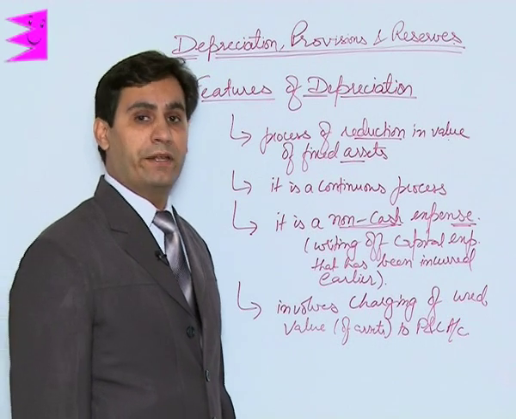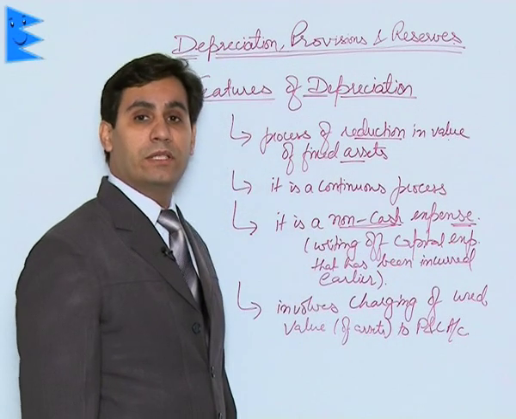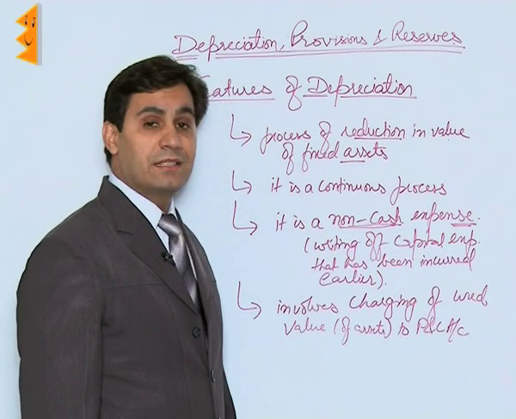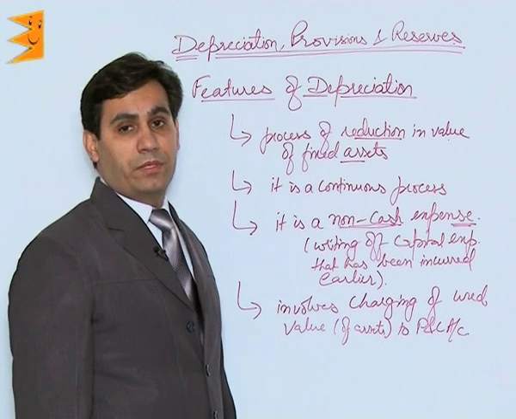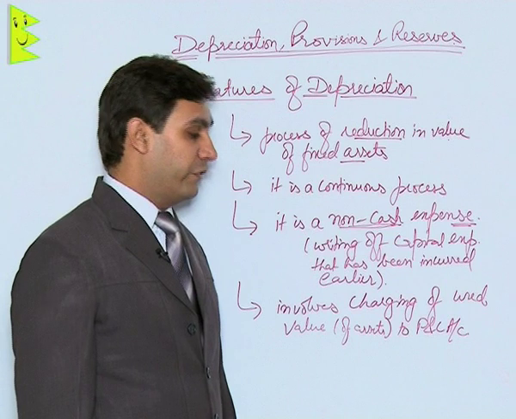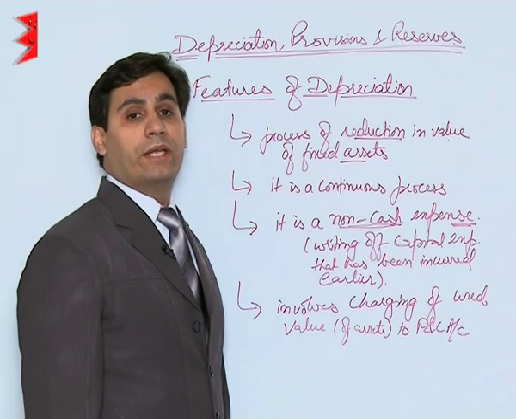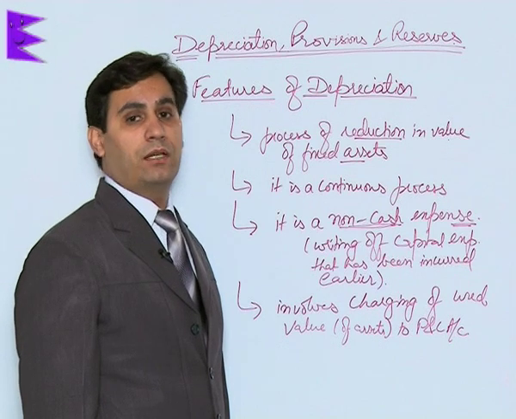It is merely written off from the capital expenditure that we have incurred during the previous years. And lastly, as per the matching concept, the amount of depreciation is actually subtracted from the profits and losses of a particular year to get the correct estimate of revenues and profits.